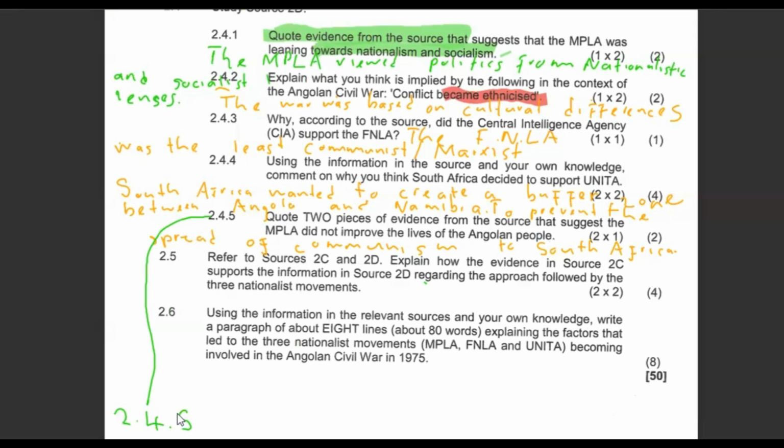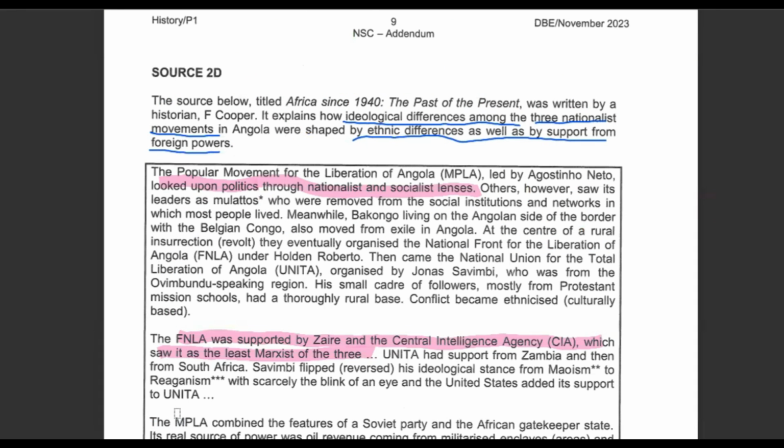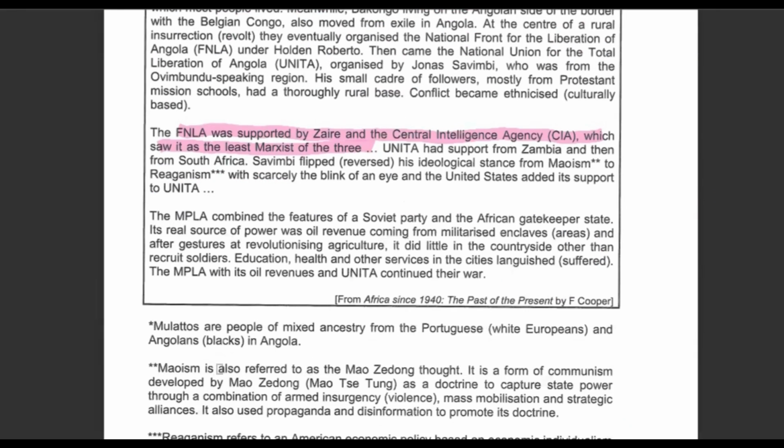So we are going to quote that text from our source. If you go back to the last paragraph, we want to go to where it is written, education and health services languished. It means this actually suffered.